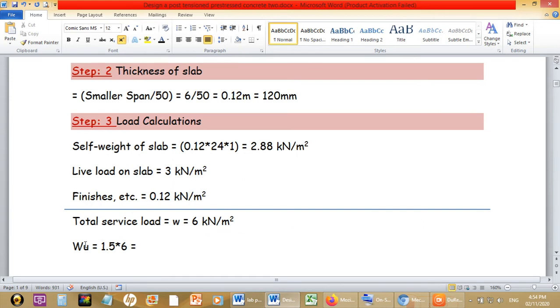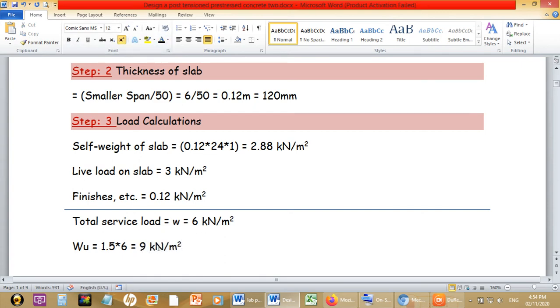Again, we want to calculate the ultimate load, because in the given numerical we are going to take various checks for this particular slab, and for that we require the ultimate load. Multiplying W by the partial safety factor 1.5, we get the ultimate load as 9 kilonewton per meter square.